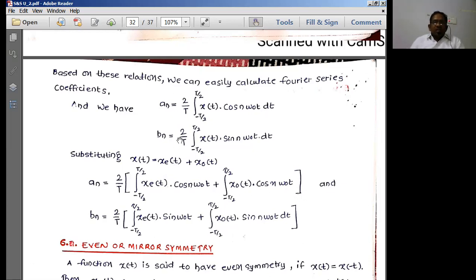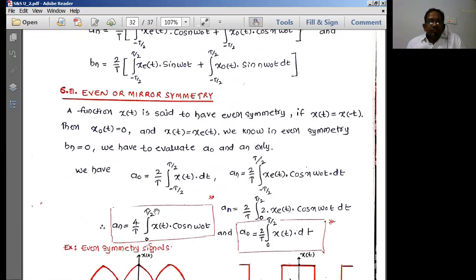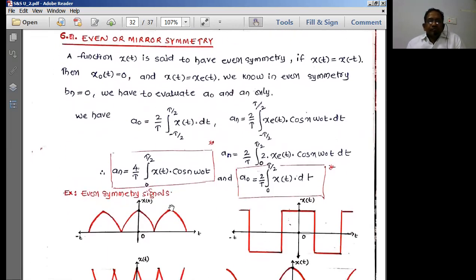That means here x(t) is simply replaced with x_e(t) plus x_o(t). When you expand it, you get like this. Similarly for b_n, we substitute x(t) as x_e(t) plus x_o(t), and we can write the expressions for a_n and b_n something like this.